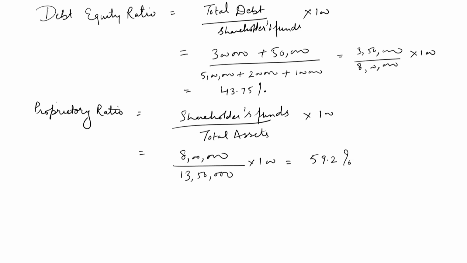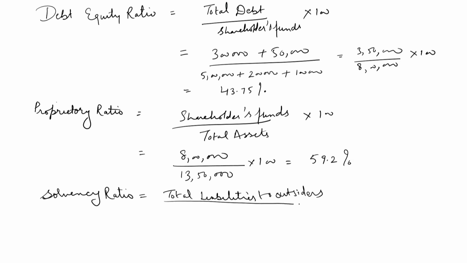funds. Next ratio is regarding solvency ratio. Solvency ratio is total liabilities to outsiders upon total assets. Total liabilities to outsiders include debentures, long term loans plus current liabilities.